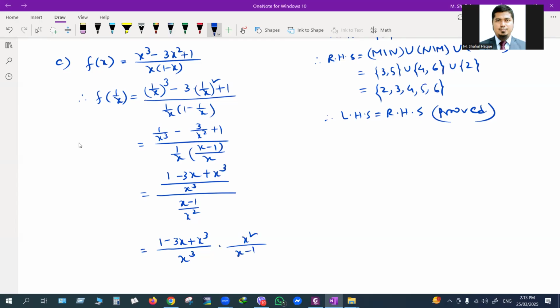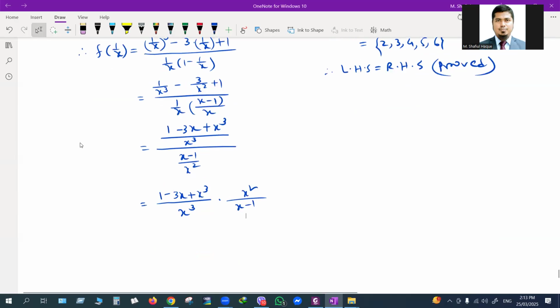If you reduce x square and x cube, then x will remain. So 1 minus 3x plus x cube, divided by x into x minus 1. This is f of 1 by x.